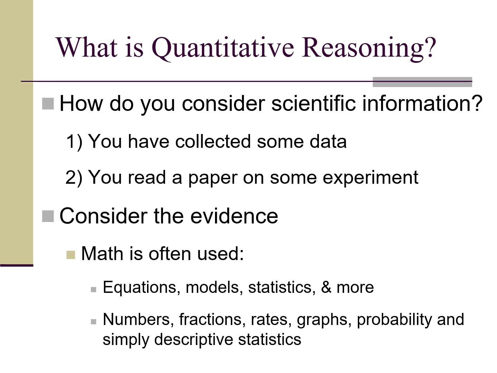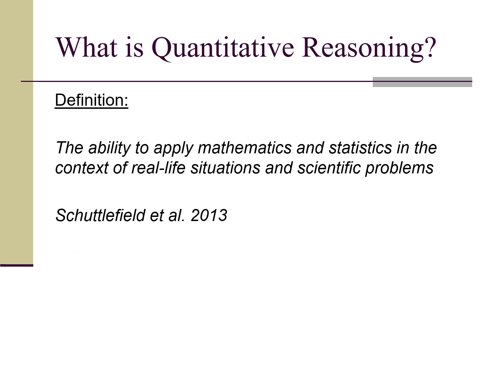And ultimately under that data, there are numbers or fractions or rates, graphs you may see, and descriptive statistics, all of which make up the evidence for a particular hypothesis. And quantitative reasoning is just the ability to apply mathematics and statistics in the context of real life situations and scientific problems.